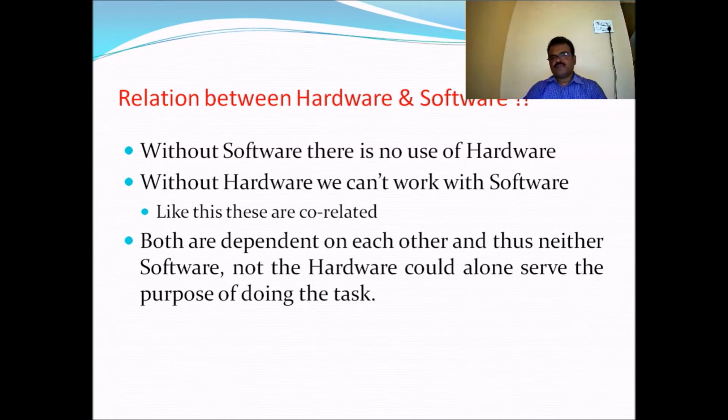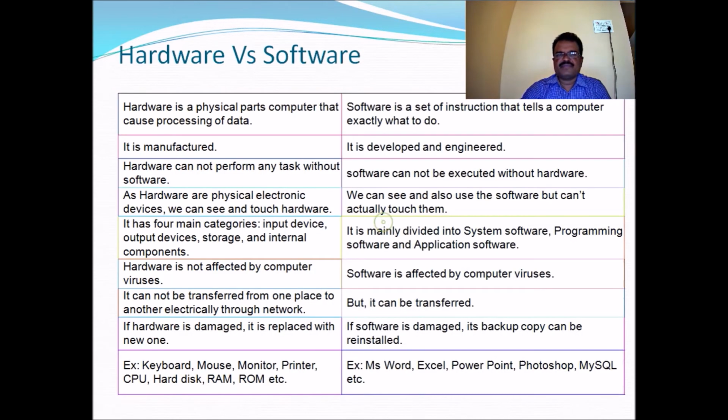So both are important in computer terminology. Computer field, hardware and software is required, where hardware refers to physical components of computer, software refers to a set of instructions. So if there is no software, no use of hardware. If there is no hardware, we cannot work with the software. So this is the basic idea of the relation between hardware and software.